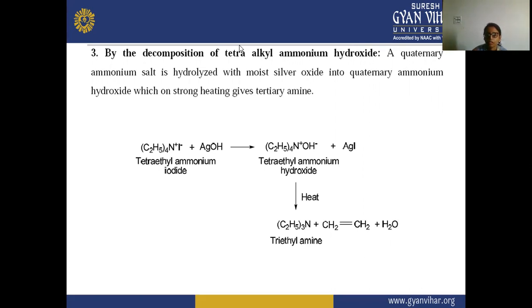So this is tetraethyl ammonium iodide, and it reacts with silver hydroxide, and tetraethyl ammonium hydroxide is formed here, plus silver iodide. On heating, we get triethylamine plus ethene, plus a water molecule.